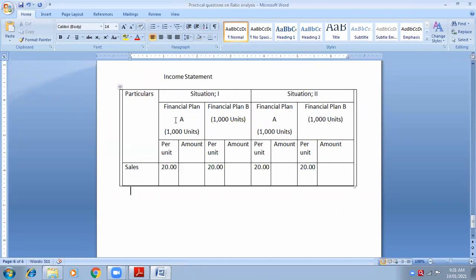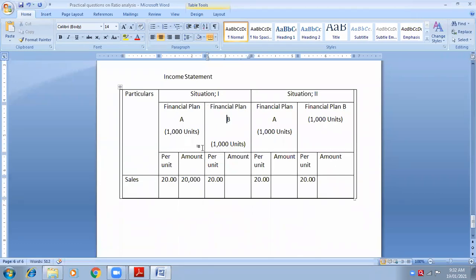Okay. Now, can anyone tell me how to find out the amount column of sales? Multiply by 20, units into 1000 units. Very good. 20 into 1000, so how much would it be? 20,000. Here it would be 20,000, the same 20,000. Why?